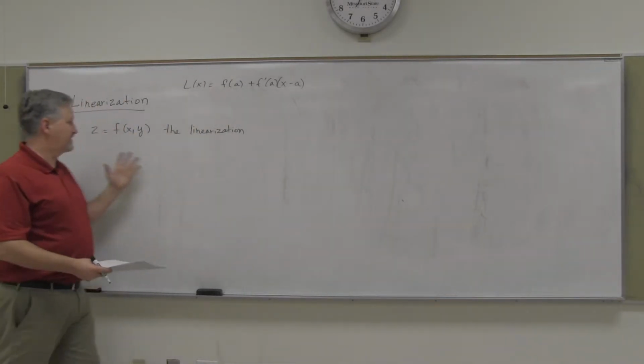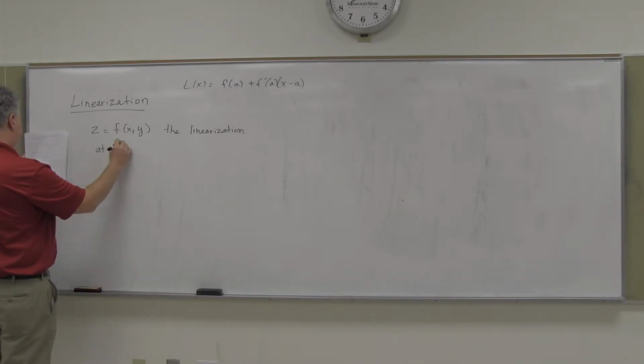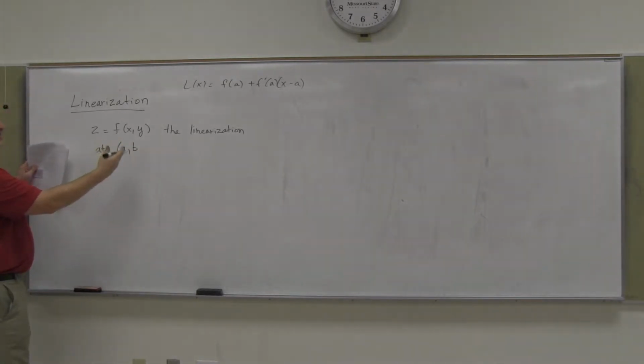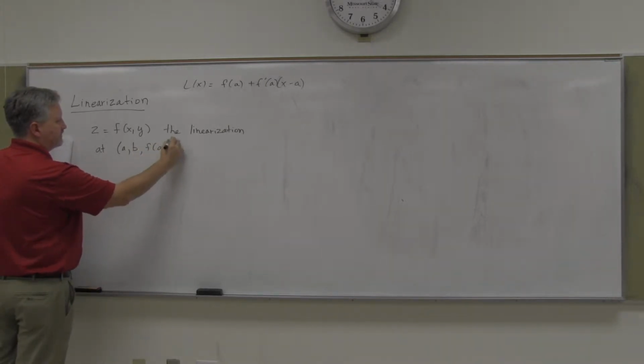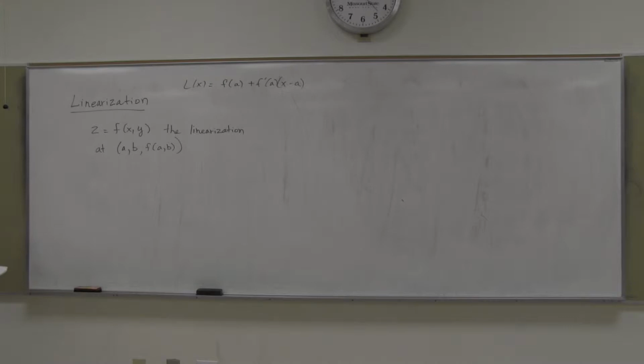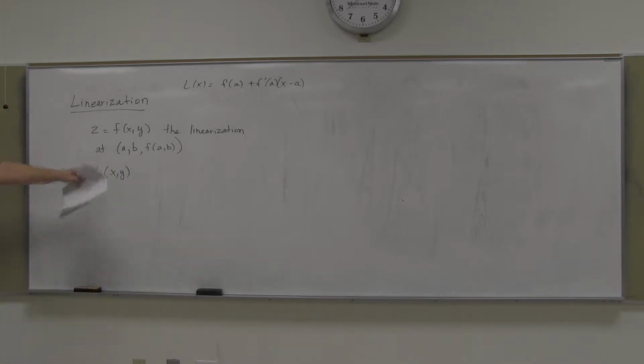Same thing here. The linearization at the point A, B. Instead of just A, we've got to add a B in there. And then, of course, the Z would be whatever that gives you out of f of x, y there. Well, it's pretty much the two variable counterpart to that. L, so now we've got two variables, x and y, instead of just one.